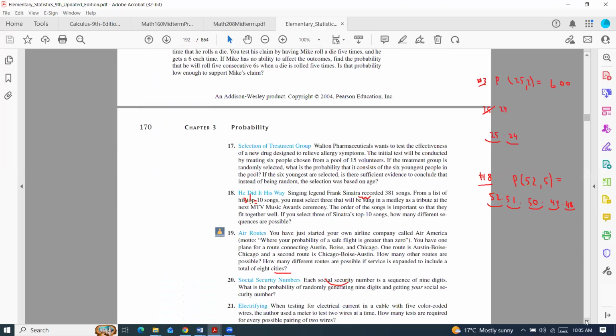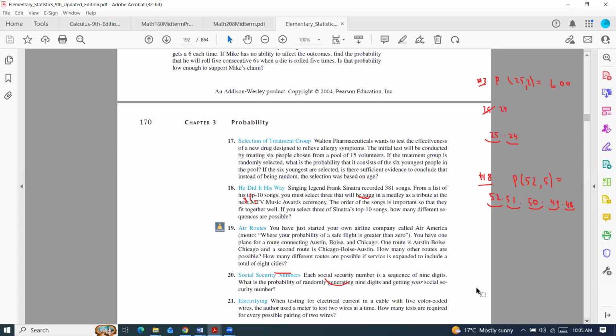So let me try to do problem number 19. I think that's a good example of permutations. Number 19 says the company flies to cities A, B, and C, Austin, Boise, and Chicago.